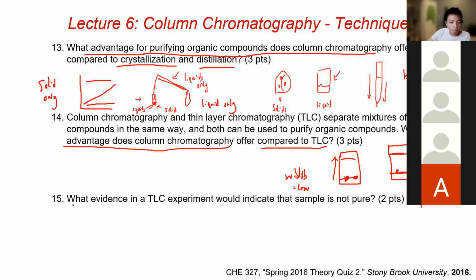And for question 15, what evidence in the TLC experiment will indicate that the sample is not pure? So TLC plates. We have two. We pass them through a mobile phase.